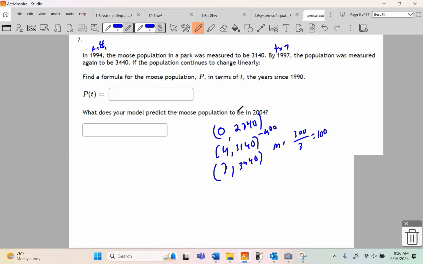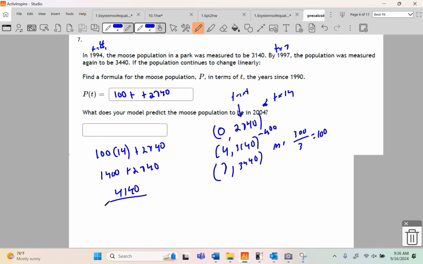So now I can use mx plus b because this is now the y-intercept. So 100, this is time, t, plus 2740. All right, use your model to predict the population in 2004, which means that time is 14. So 100 times 14, add 2740. It's going to be 1400 plus 2740, which is 4,140 moose.